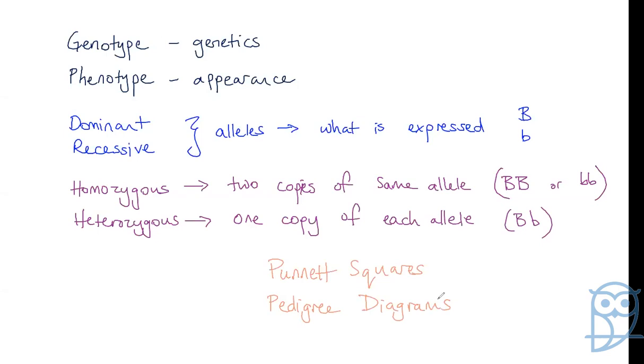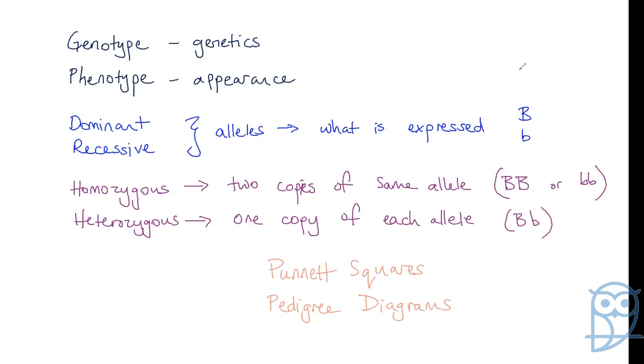What we're going to do now is run through a few Punnett squares so that everybody can see how this starts to come together, how we can go from a parent to gametes and then to different genotypes in offspring and how that becomes phenotype. Then we're going to move on to the fun stuff with pedigree diagrams that we didn't get to last week.